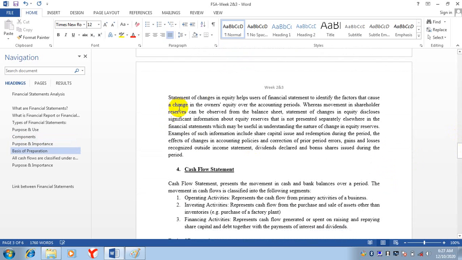So the statement of changes in equity helps users of financial statements to identify the factors that cause a change in owner's equity over the accounting period.